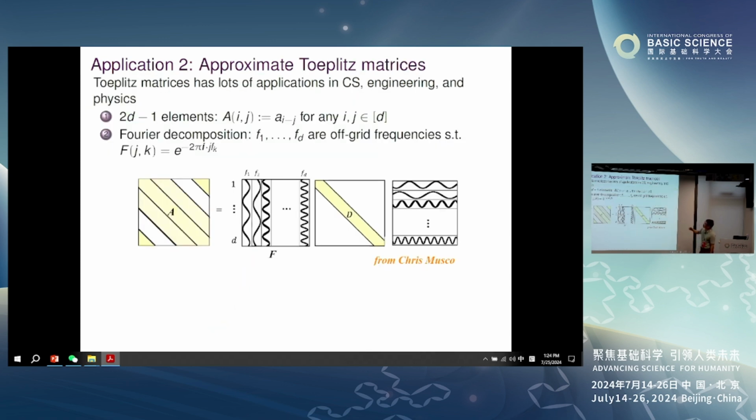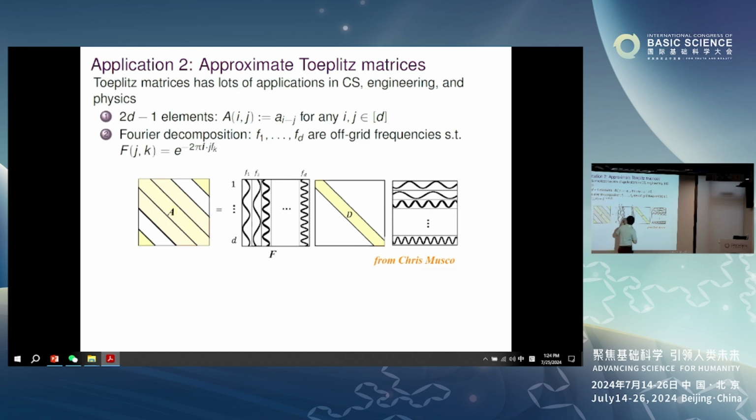The second application is to approximate Toeplitz matrices. Toeplitz matrices are a special type of matrices whose entries are the same on every diagonal.